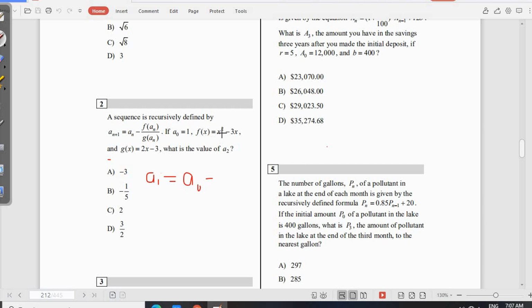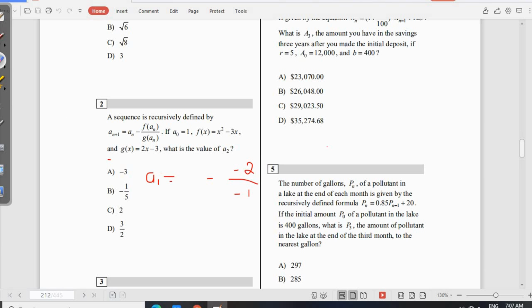So f of 1, what will f of 1 be? This is 1 squared minus 3 times 1. So that's 1 minus 3, which is minus 2. So we have minus 2 over g of 1, and just put the 1 here. 2 times 1 is 2. 2 minus 3 is minus 1. So we have minus 2 over minus 1, and a0 here is 1.